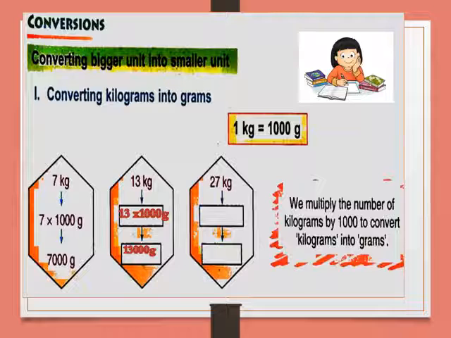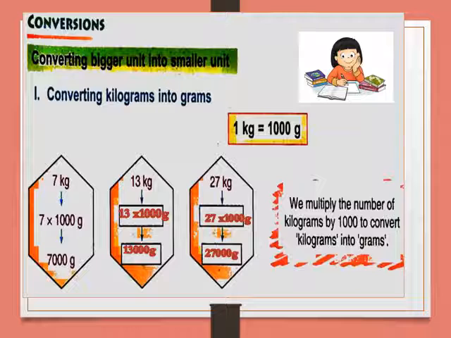Next example is 27 kg. By which number will you multiply 27? You will multiply 27 by 1000 gram. So what is the answer? It is 27,000 gram. Isn't it so easy?